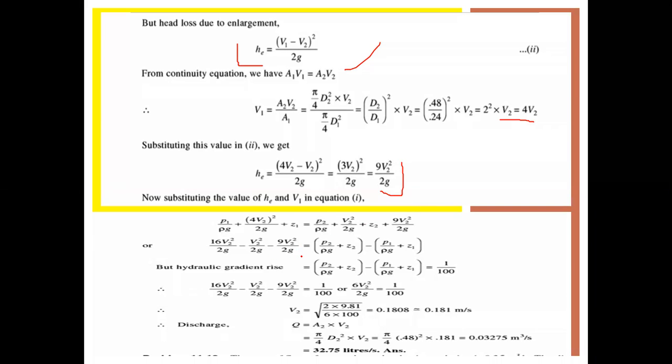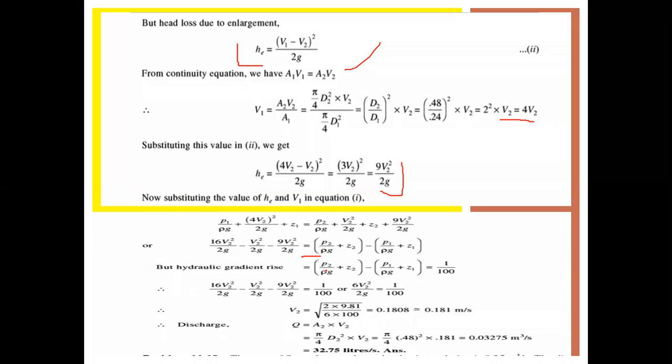But the hydraulic gradient rise. So దీన్ని మనం simplify చేసామంటే 16 V square by 2G minus V square by 2G minus 9V square by 2G is equal to this value.